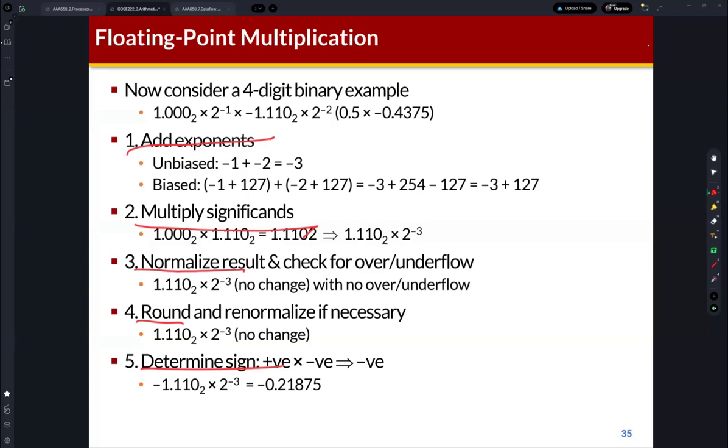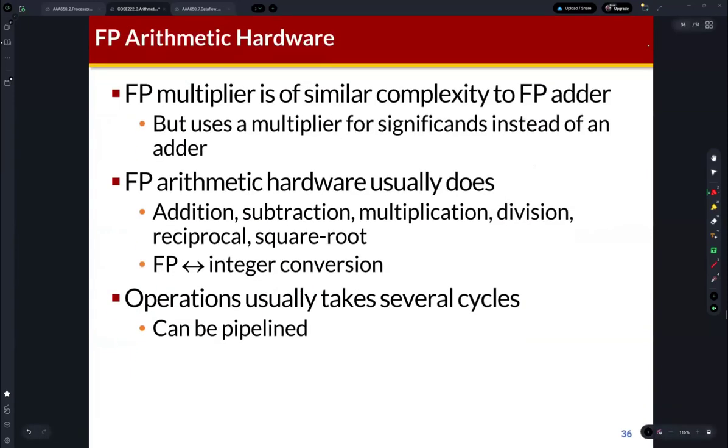And then it can also be pipelined. The complexity is similar, so the floating point adder is also complex. Floating point multiplication is also complex. So it takes several cycles.